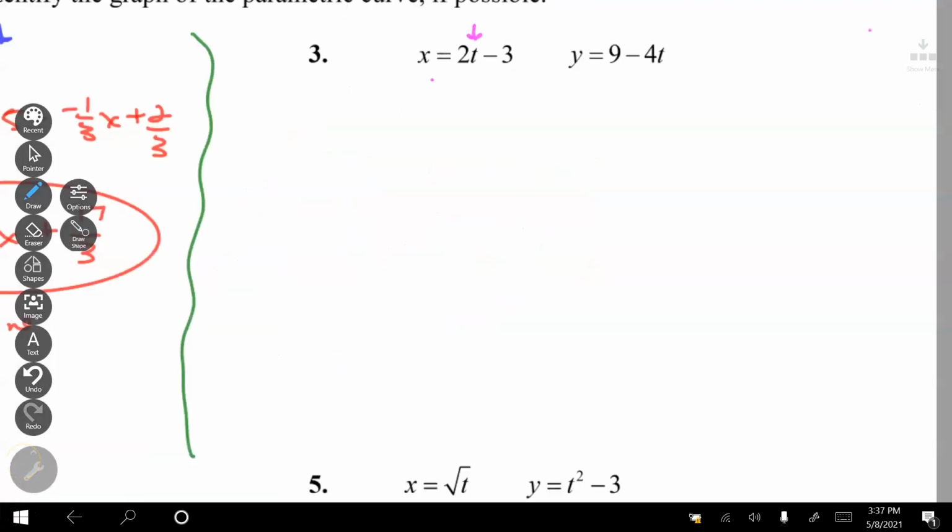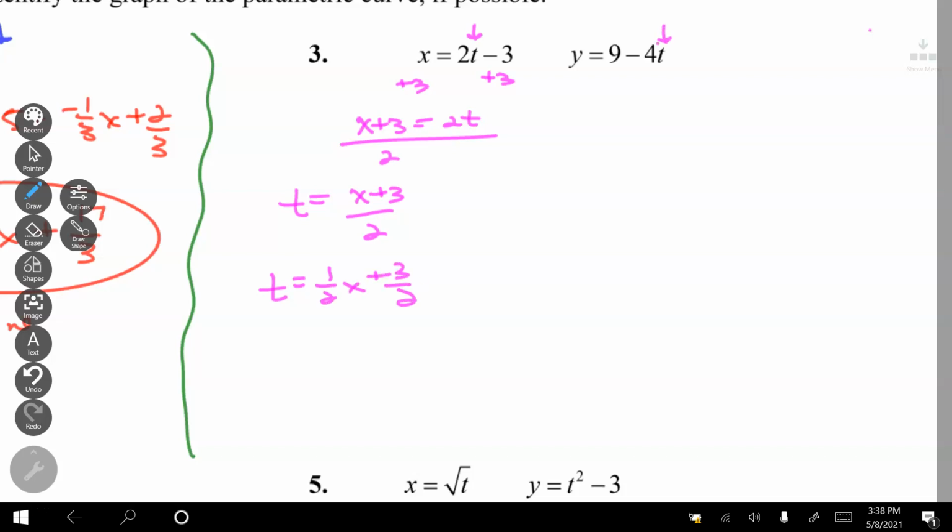Solve this for t. Add 3. x plus 3 is equal to 2t. Divide by 2. t equals x plus 3 over 2, or t equals 1/2 x plus 3 over 2. I could put that in for that t. I get y equals 9 minus 4, parentheses, 1/2 x plus 3 over 2.